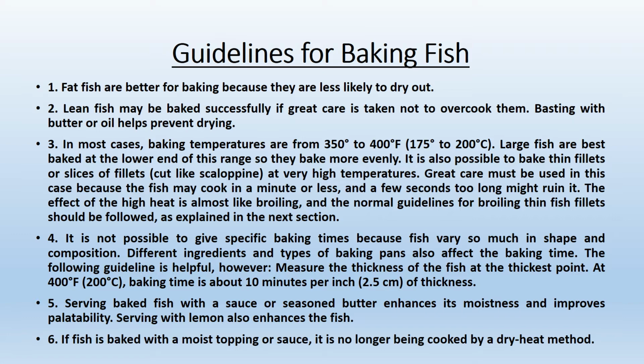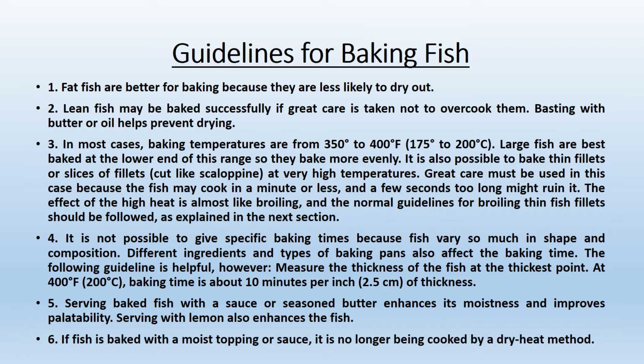Also, different ingredients and types of baking pan affect the baking time. So even the tools that you use are going to affect the baking time. And over here we have some guidelines that can help you. For example, measure the thickness of the fish at the thickest point.